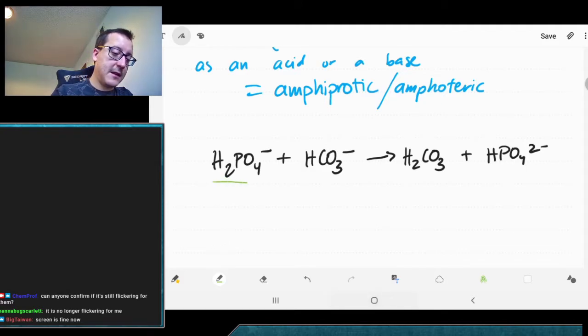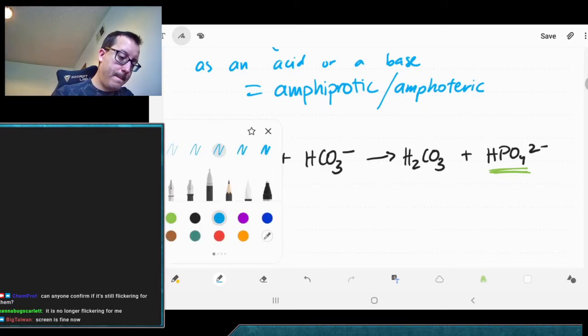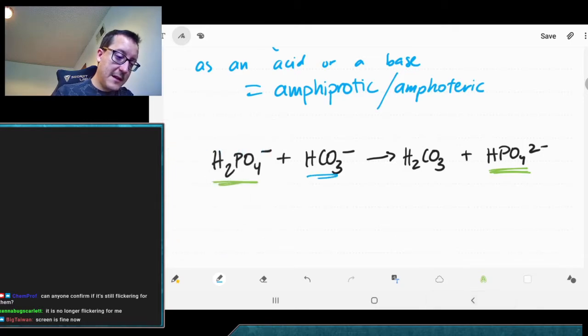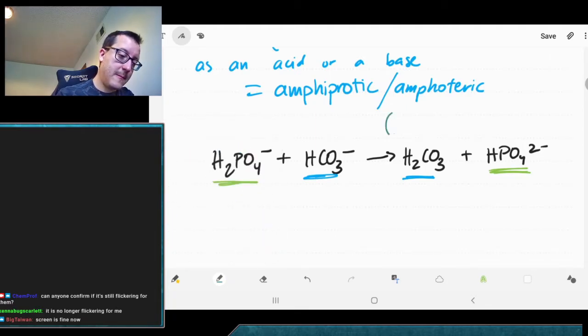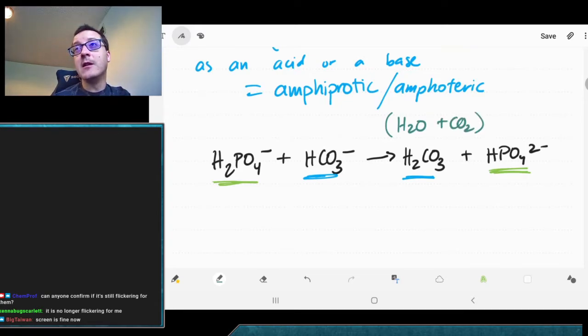So hopefully we can see that the dihydrogen phosphate and the hydrogen phosphate are a pair. And hopefully we can see that the bicarbonate and the carbonic acid are pairs. Although I'm not writing it in here, this would break down. We would see the bubbles and all that fun stuff. But for right now, let's not worry about that. Just identify our acids and bases right here.